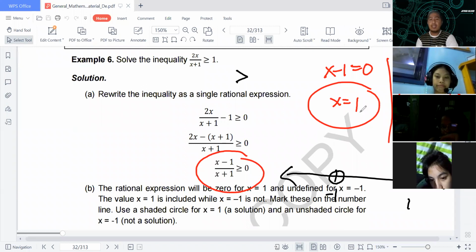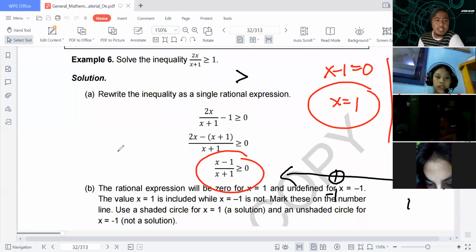Let's test. If x is 1, positive 1. Okay? If x is positive 1, what will happen for this portion? If x is equal to positive 1, it becomes 1 minus 1 over 1 plus 1, right?